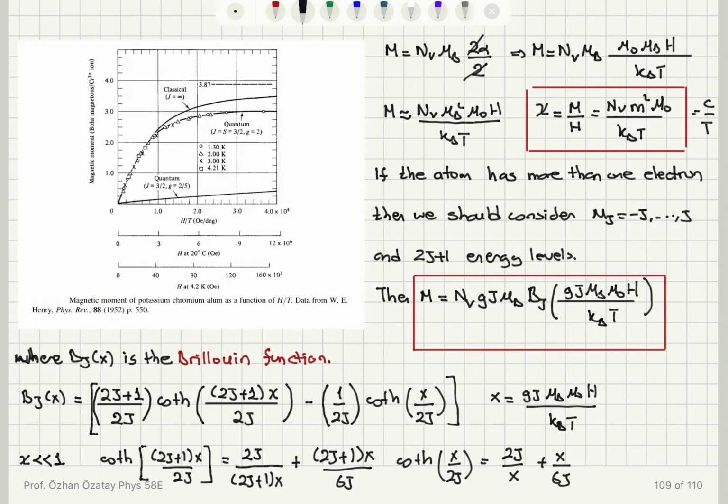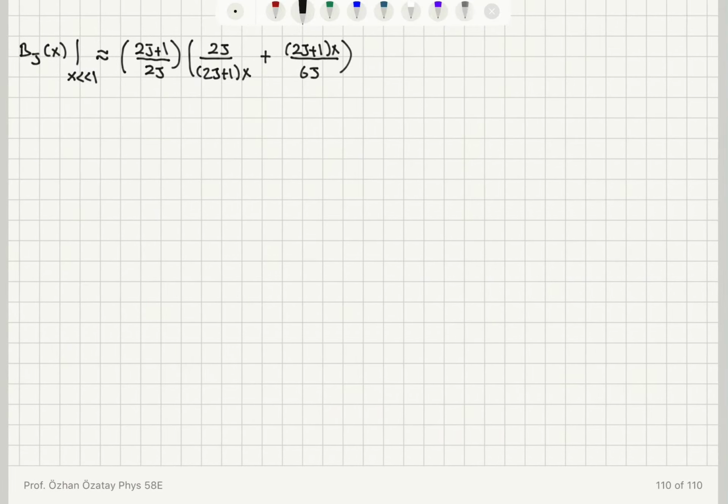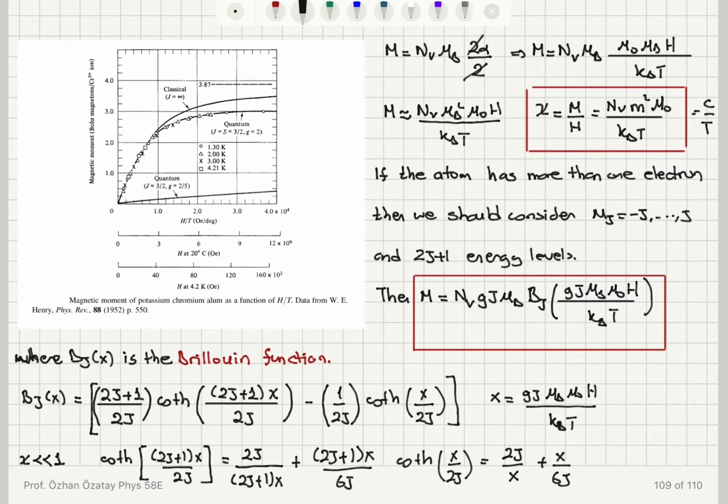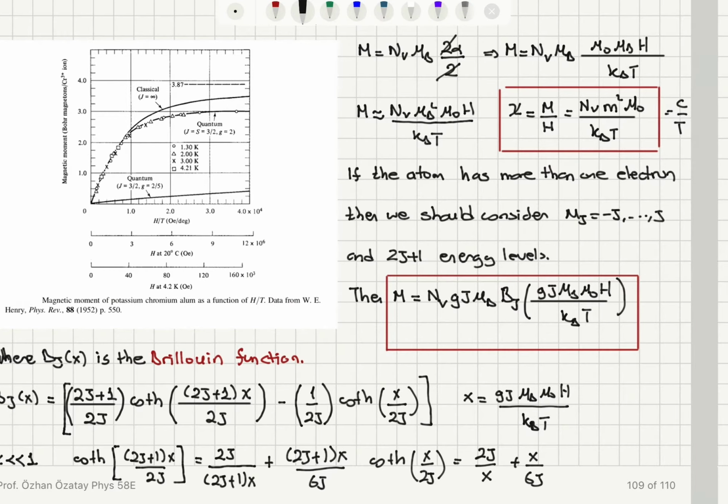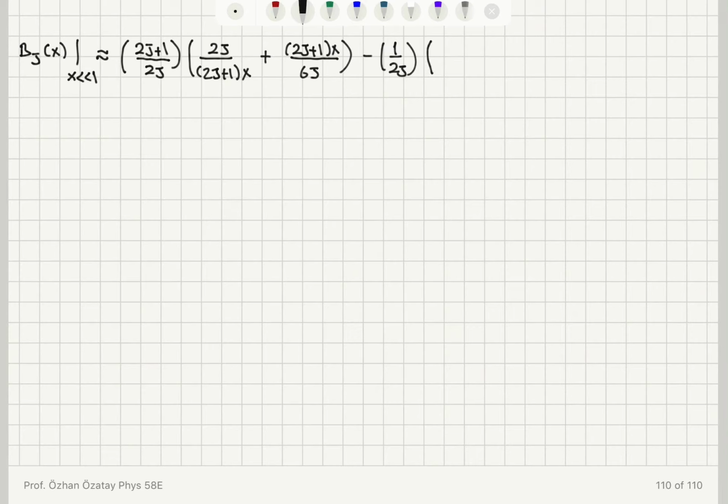That is the first term, and then minus 1/(2J) times 2J/x plus x/(6J). So if you do this multiplication, you can see that the first term will be 1 over x.